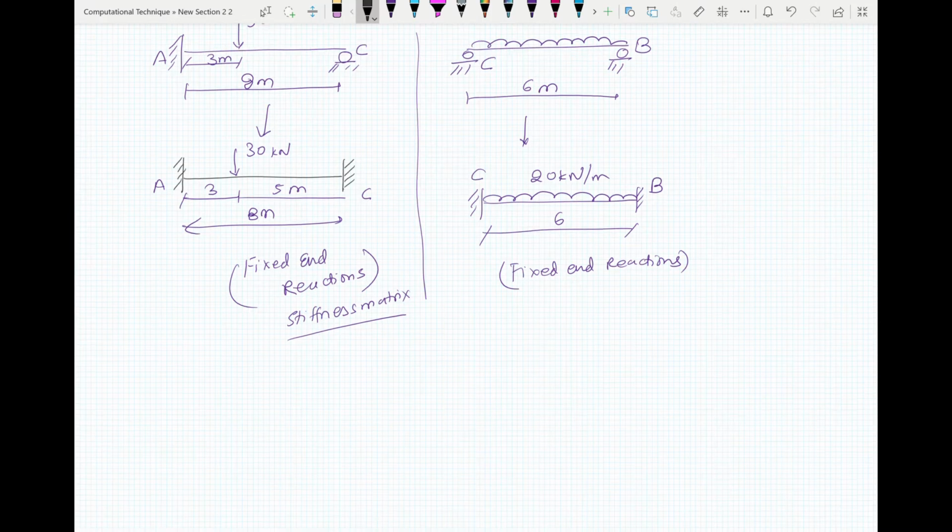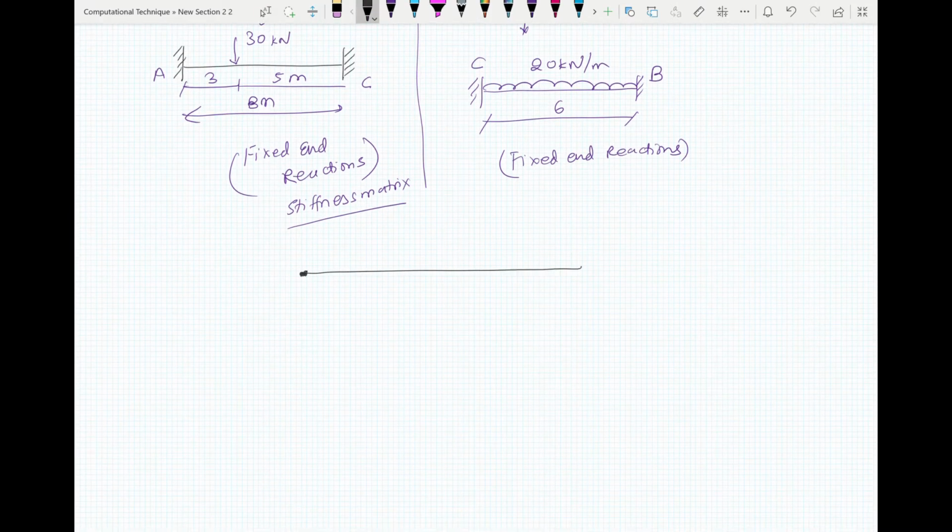Now if we draw a free body diagram for the whole element, this is A, this is C, this is B. Let's label this as 1. This will be 2. This will be 3. This will be 4. This will be 5. And this will be 6.